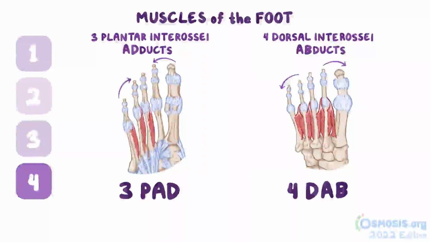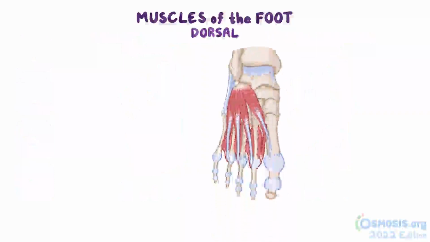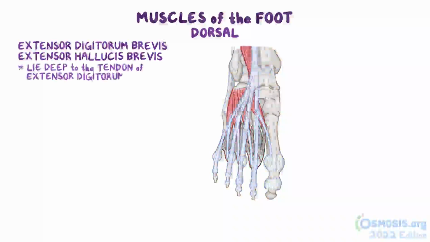Now that we're done with the plantar muscles, let's also talk a bit about the dorsal ones. There are only two muscles located exclusively in the dorsal region of the foot, the extensor digitorum brevis and the extensor hallucis brevis. These muscles lie deep to the tendon of the extensor digitorum longus.